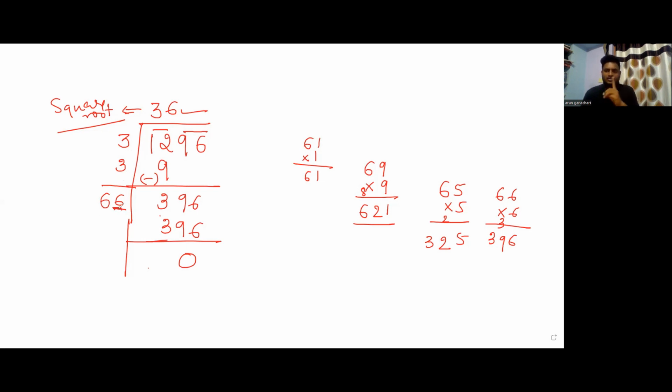I have to write a number here and then multiply it by that same number. I tried 61 ones, it was very less. Then I tried 69 nines, this was also very less. Then I tried 65 fives. 65 fives is 325, which was very close but a little bit lesser. So then I took 66 sixes, and I got 396. If the remainder is 0, then the quotient will be my square root. Understood the method of what we are doing here?